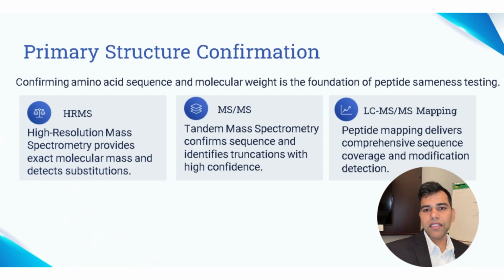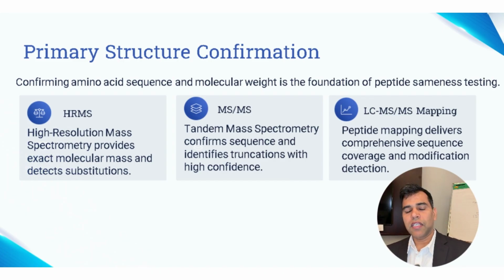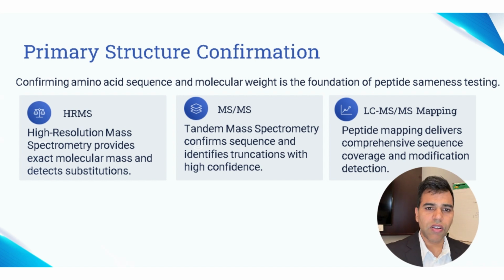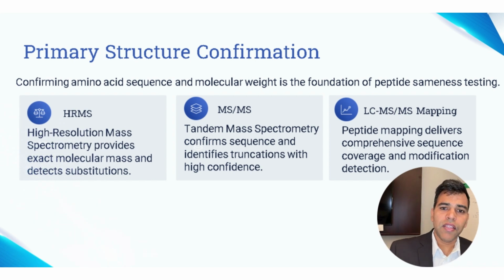And then there is peptide mapping by LC-MS/MS, which is probably the most information-rich technique in the toolkit. When done right, it gives you near complete sequence coverage and simultaneously flags modifications, things like deamidation, oxidation, or acetylation that you might never catch with a simpler approach.